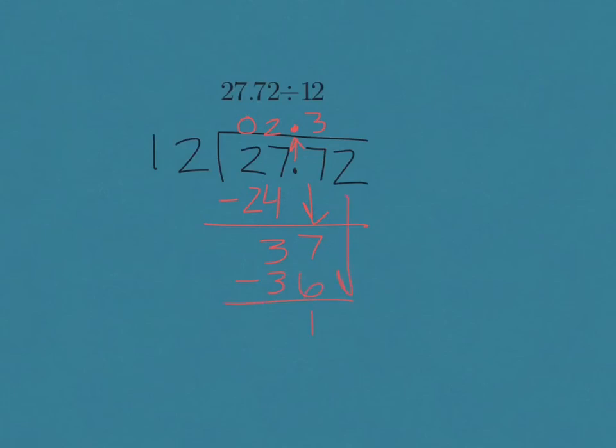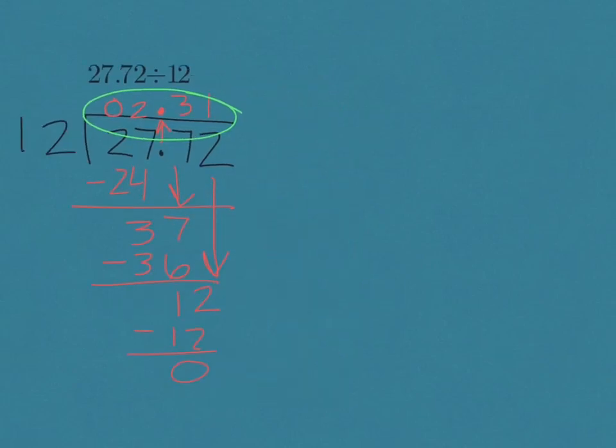I'm going to bring down this next digit, because we still have it. 12 goes into 12 1 time. I got to 0. I've used all of my digits up here. So my final answer is simply 2 31/100ths.